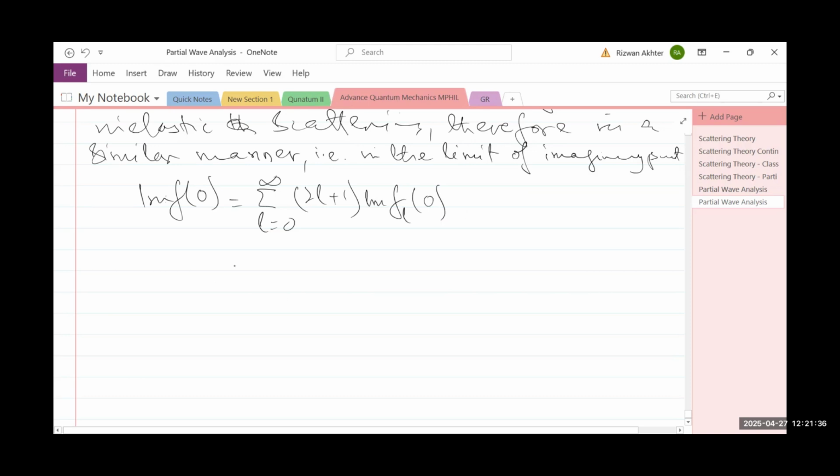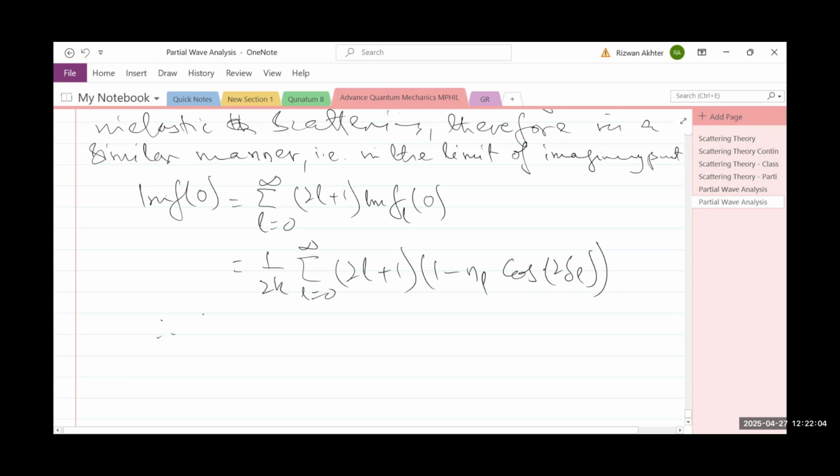And this is equal to 1 over 2k, summation over L going from 0 to infinity, 2L plus 1, 1 minus eta_L cos of 2 delta_L of this function.